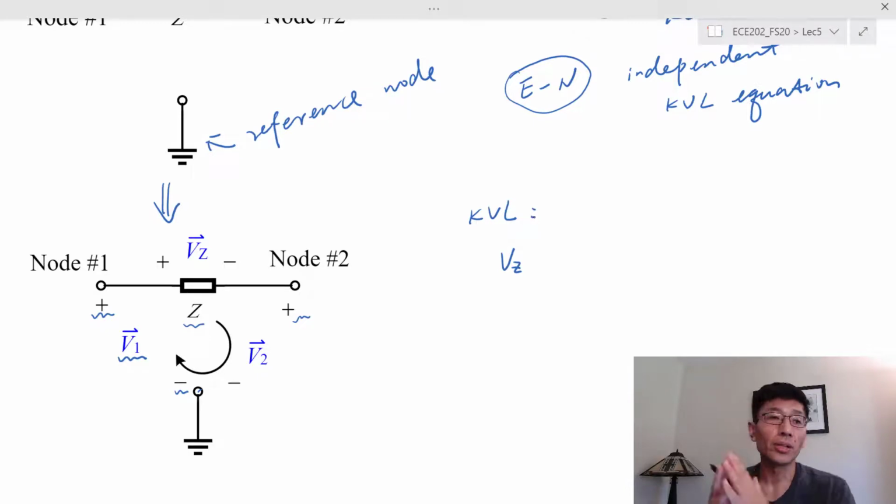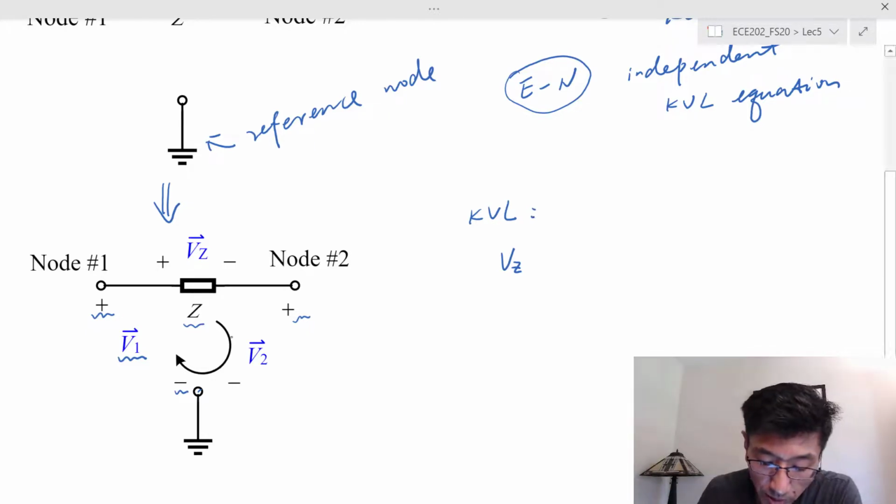You could add all the voltage rises equal to 0, or add the voltage drops equal to 0, or write the equation with one side being the sum of the voltage drops and the other side the sum of the voltage rises.